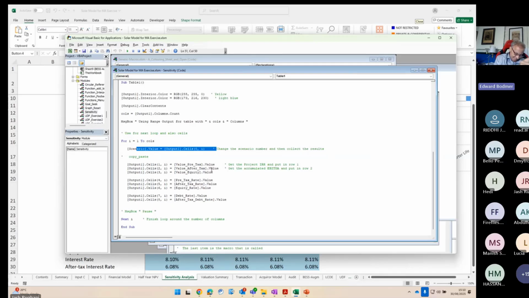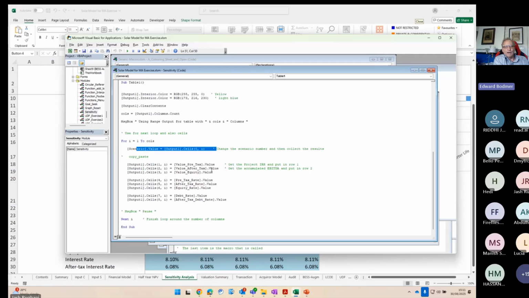What that does is it changes the scenario number. Every time you go around, it just changes the scenario number, and then it plops in our pre-tax value for the different scenarios with all of those synergies and all that we put in.